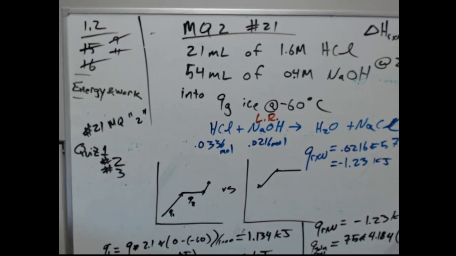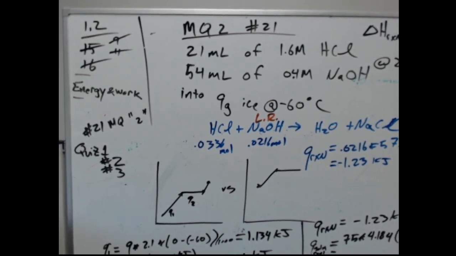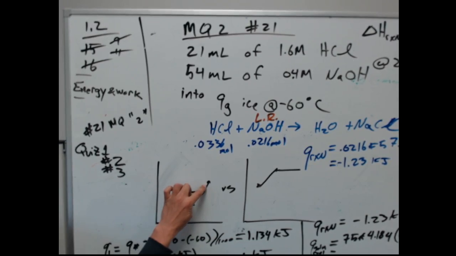I'm going to do T final 0 minus T initial of 20. I'm going to figure out the maximum amount of energy we could lose, and I think the energy we can lose is going to be bigger.